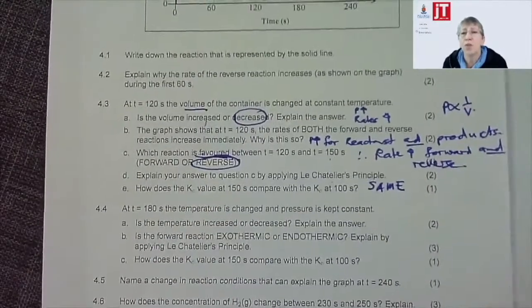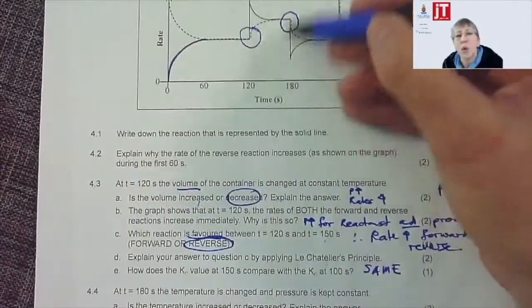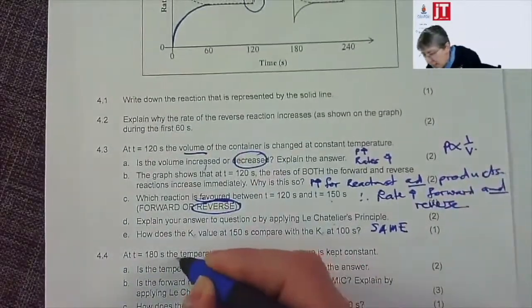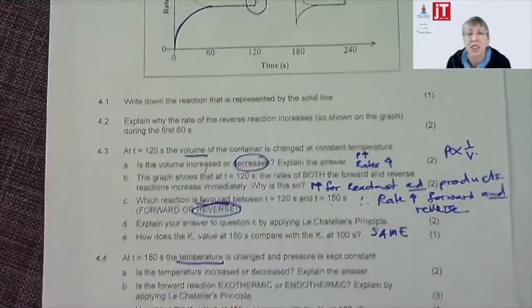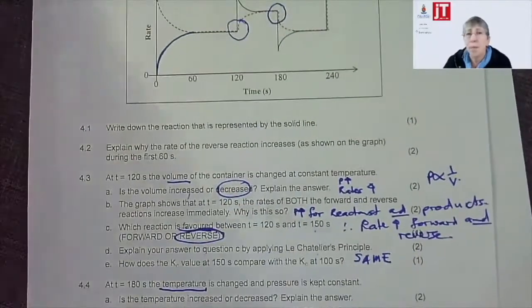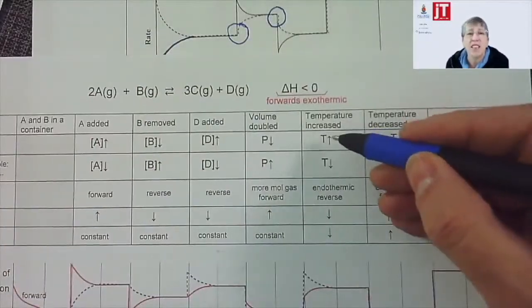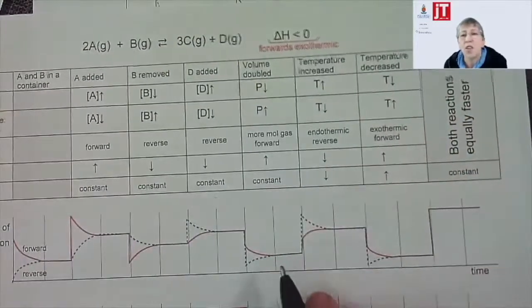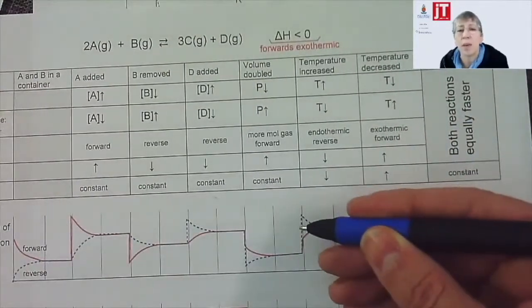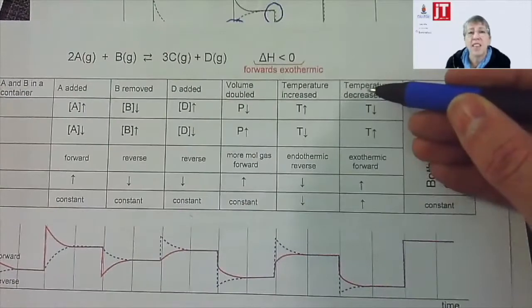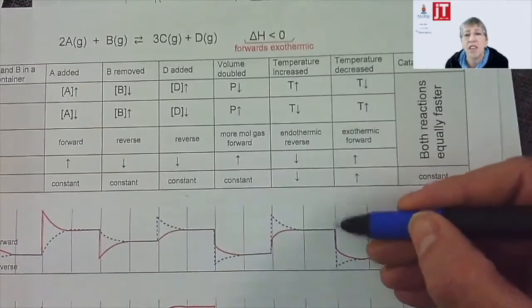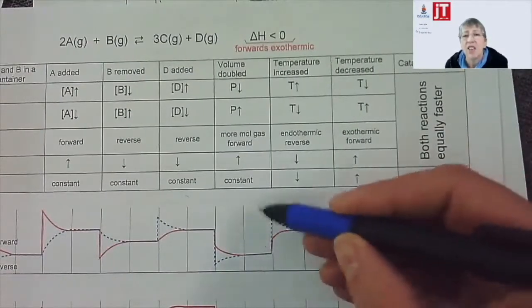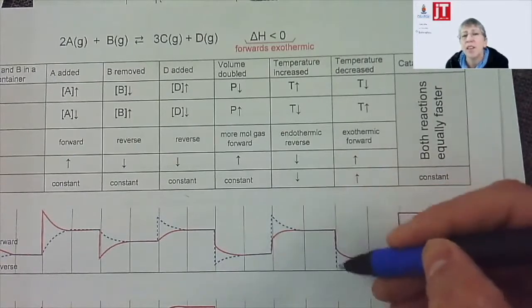Right, moving on to 4.4, now we're looking at 180, and now they're telling us this is a temperature change, right? Now remember, if I increase the temperature, then the rates are going faster, so it will be going up. If I decrease the temperature, then the rates are going down. It's just a question of who's going up and down the most, right?